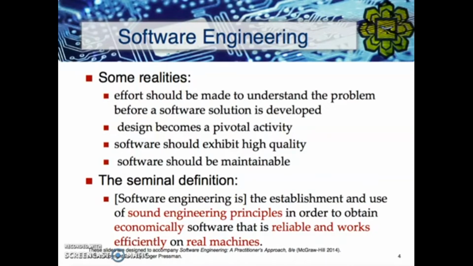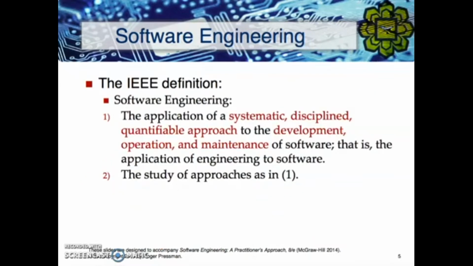Right? So here, when we talk about software engineering, we are talking about sound engineering principles. Okay, and at the end of the day, we are aiming to produce reliable software and efficient software that works on real machines. Right, there is a formal definition of software engineering by IEEE. They define software engineering as a systematic, disciplined, quantifiable approach to the development, operation, and maintenance of software.